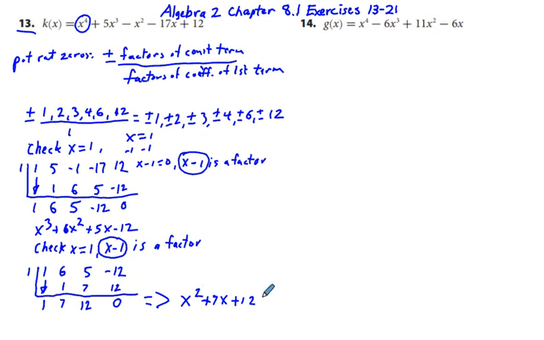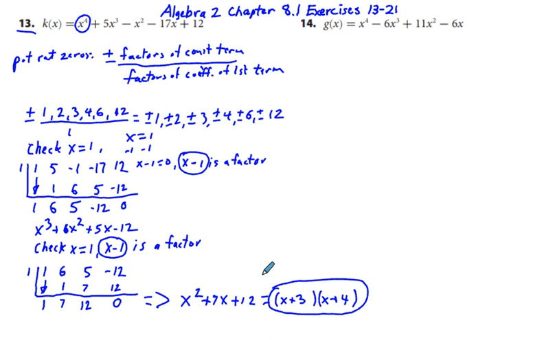And then factoring this quadratic trinomial below, we have factors of x squared are x and x, and what two numbers, when added together equal 7, but when multiplied together equal 12? Well, that would be 3 and 4.